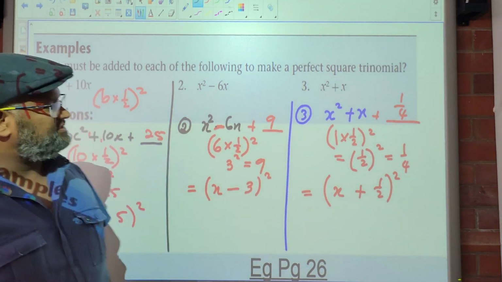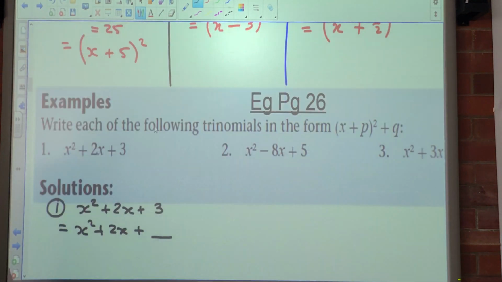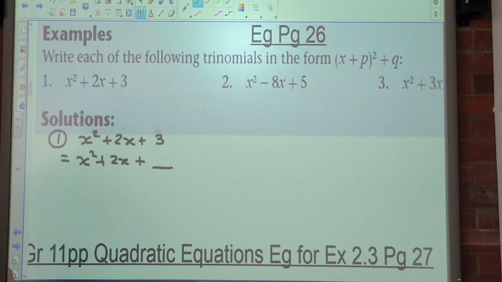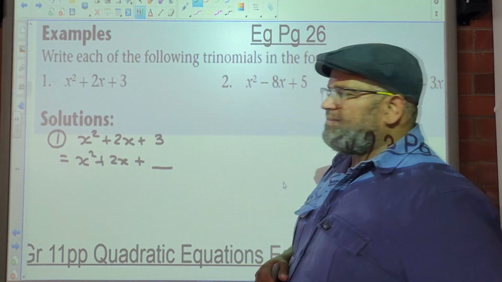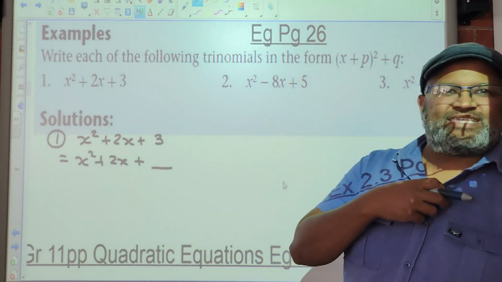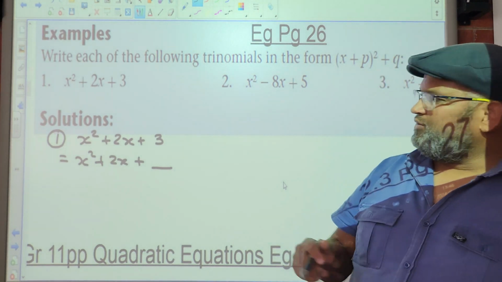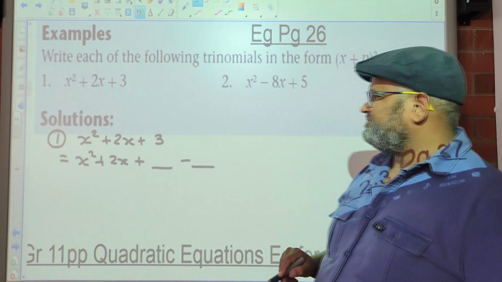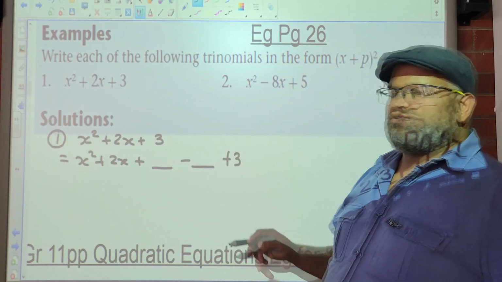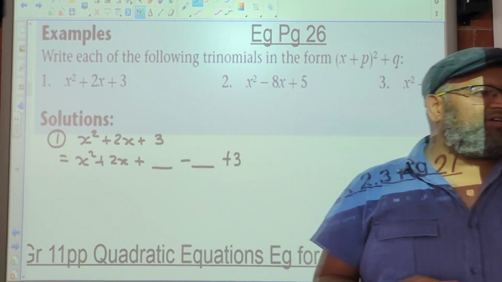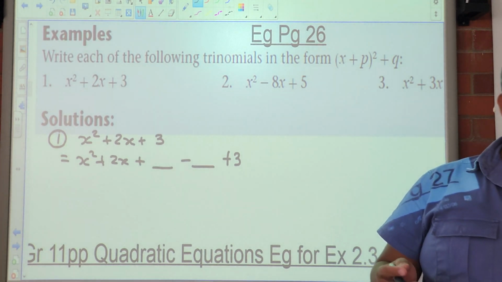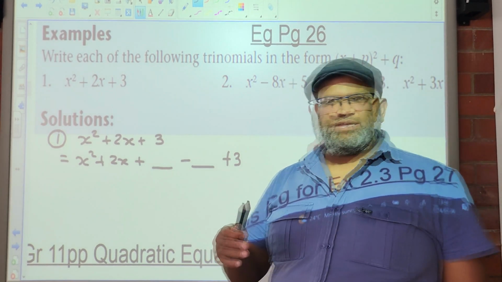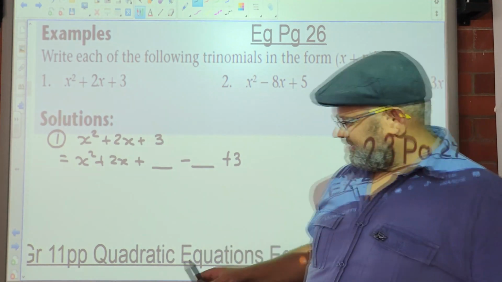However, in this sum here, they don't want to know the number. So in mathematics, if we add something to the sum, we would have to take it away again, because in mathematics, we don't change the value of anything. We only simplify. That's why mathematics is so easy, not so?